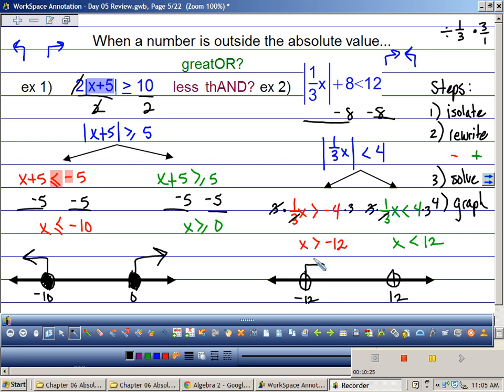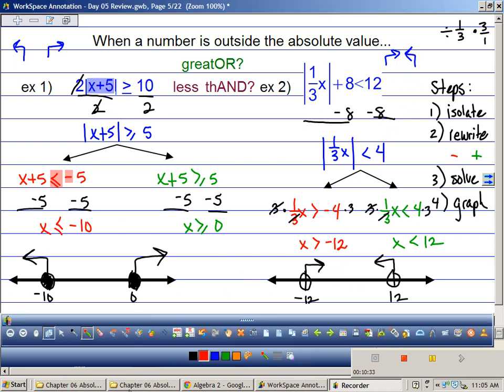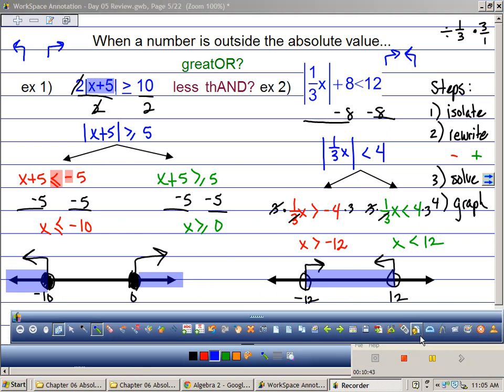Greater than means this way. X is less than 12 means this way. Does it match what we thought? Absolutely. I forgot to shade this other one too. So all the values this way, all the values this way. Questions? All right, make sure you guys have those in your notes.